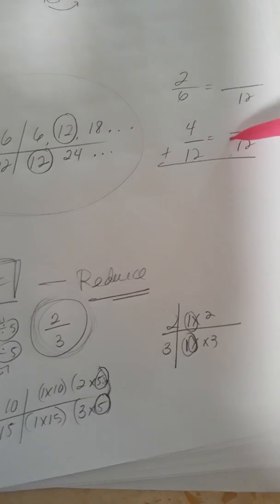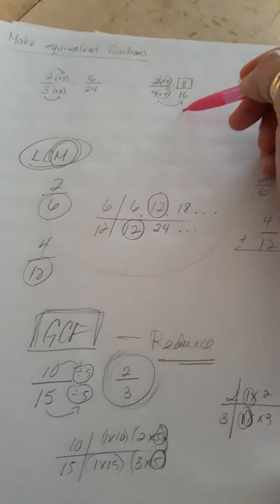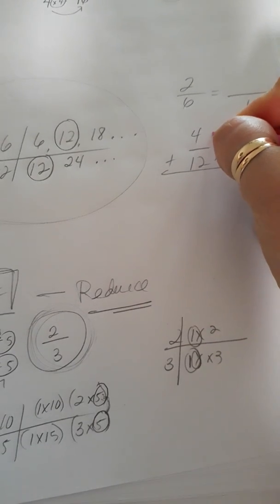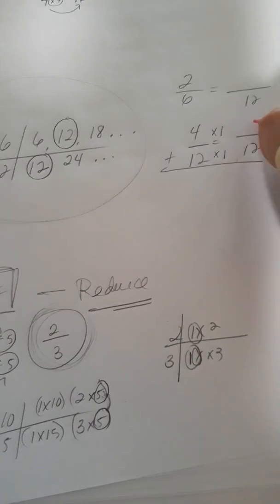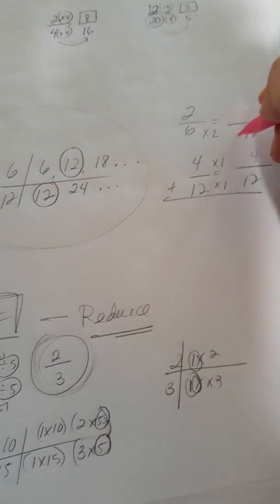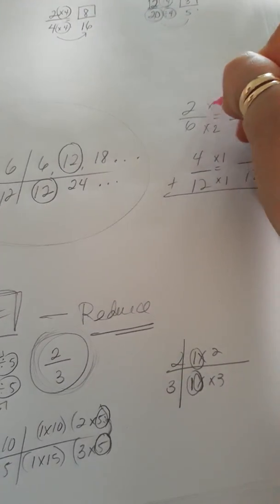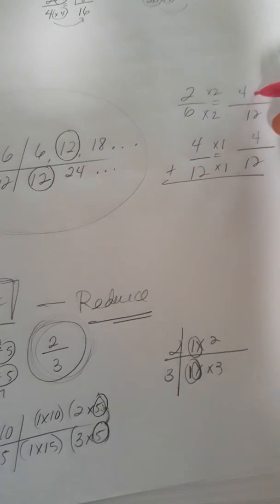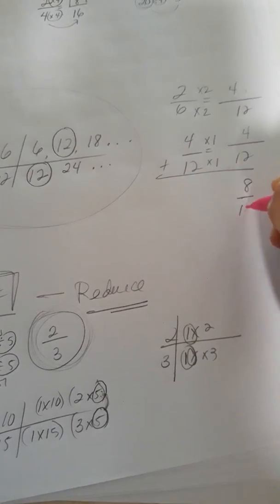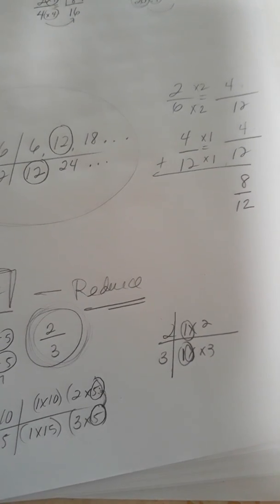And what we're doing here is applying equivalent fractions. So 12 times 1 is 12. Whatever I do to one brother, I do to the other. This is 4. 6 times 2 is 12. Whatever I do to one brother, I do to the other. And this is 4. Now 4 plus 4 is 8, and the denominator always stays the same.